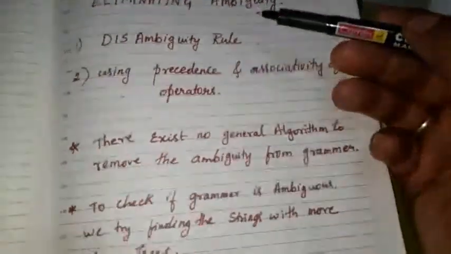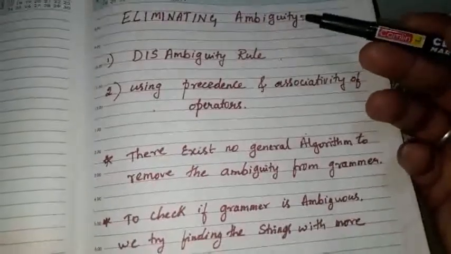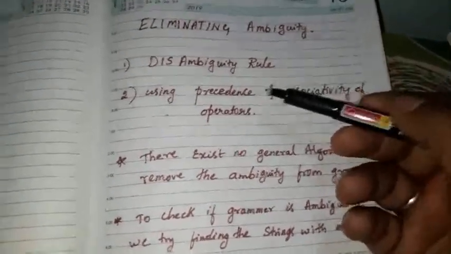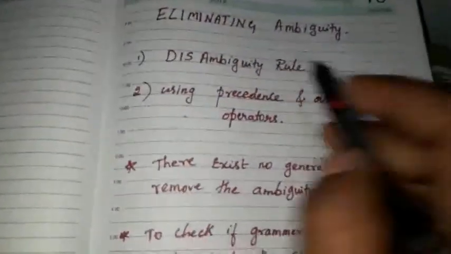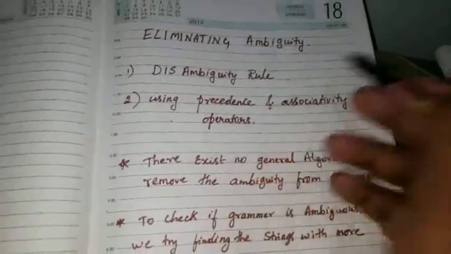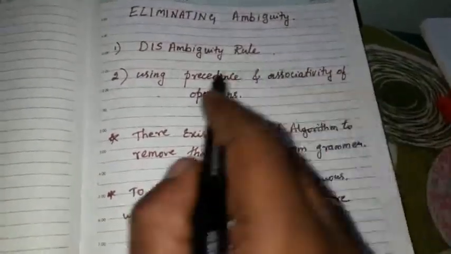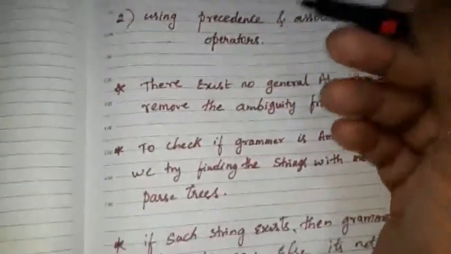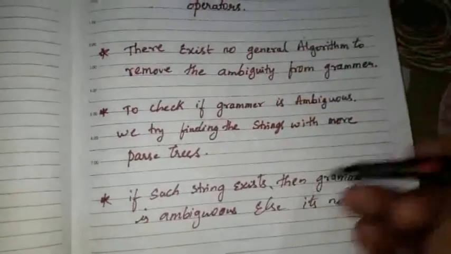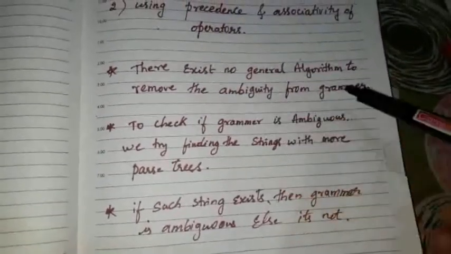We say that the grammar is ambiguous if there are multiple parse trees to generate the same string. To remove this ambiguity, we use precedence and associativity of the operators. This we'll see next class. Now we have three points to be noted. There is no standard algorithm to remove the ambiguity in a grammar.